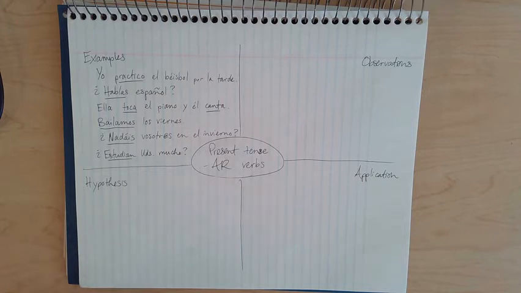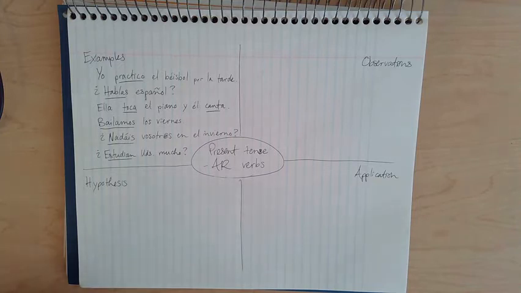For example, the yo form. One year I just took it day by day, a different form each day, so that every day we came back to this idea of discovering how to use the verb conjugations in context.